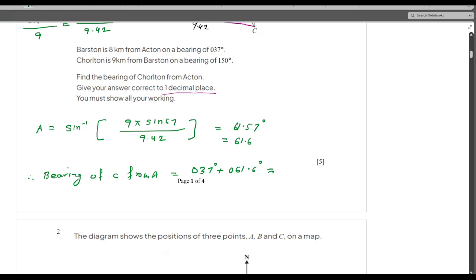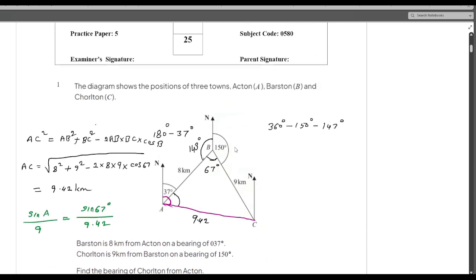So that gives you your answer as 98.6 degree, which is 098.6 degree. Don't forget to write 0 in the beginning because we have to give our answer in 3 whole digits and 1 decimal place as it is asked in the problem.